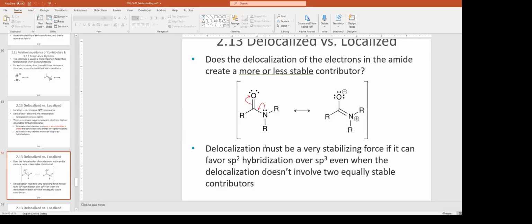What hybridization do we predict for this nitrogen? sp3. Good, but what is it over here? sp2. So you see, there are cases where it's ambiguous because of resonance. It's sp3 in one resonance structure, sp2 in this one.